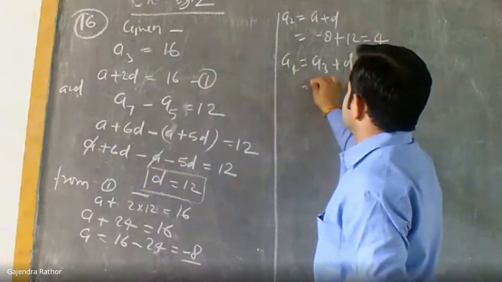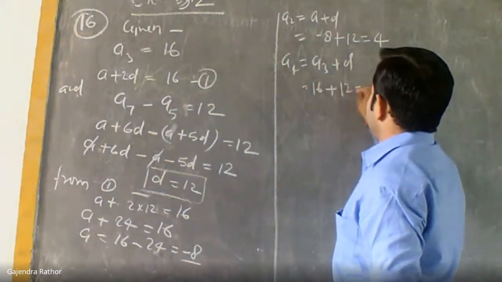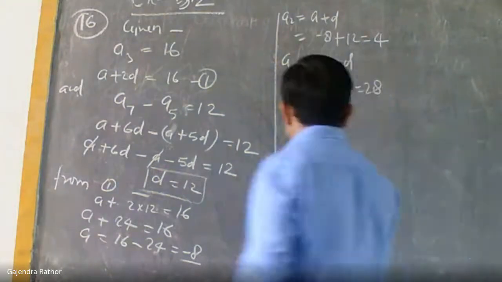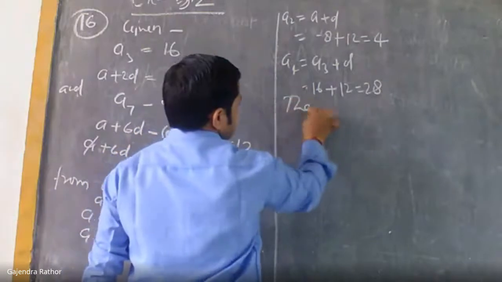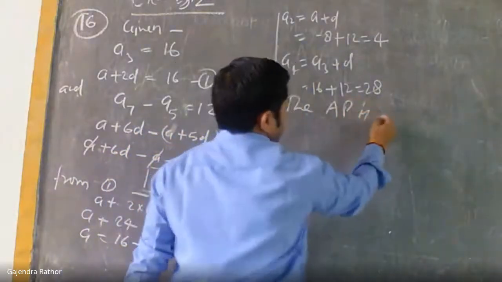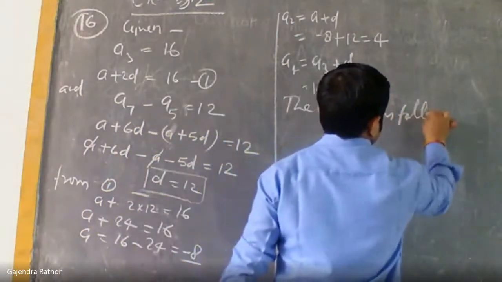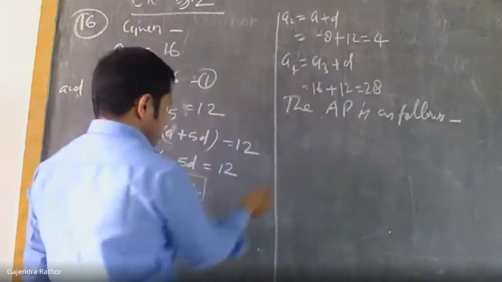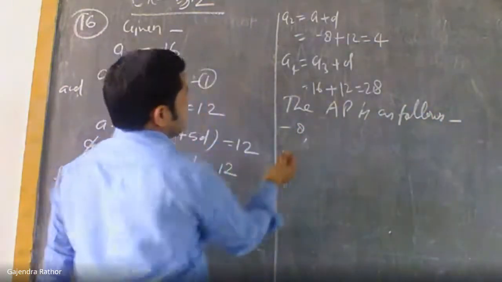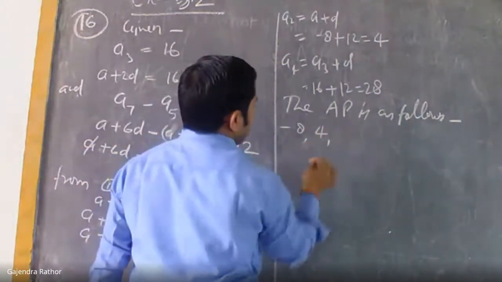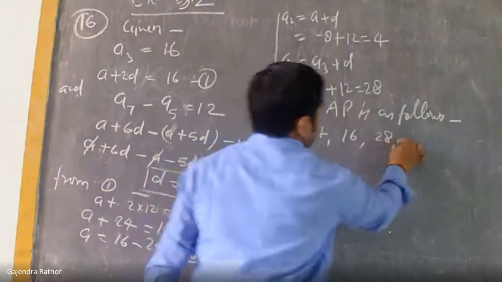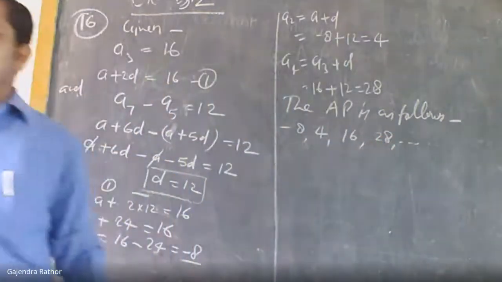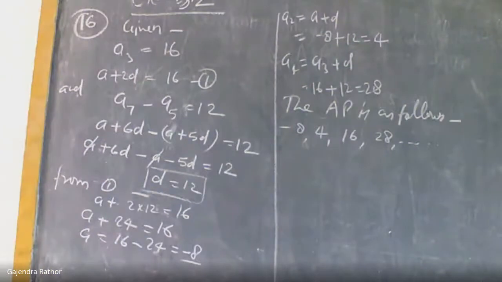That is 16, plus D, 12, is equal to 28. So the AP is as follows: first term minus 8, second term 4, third term 16, fourth term 28, and so on. So this is the AP for this question.